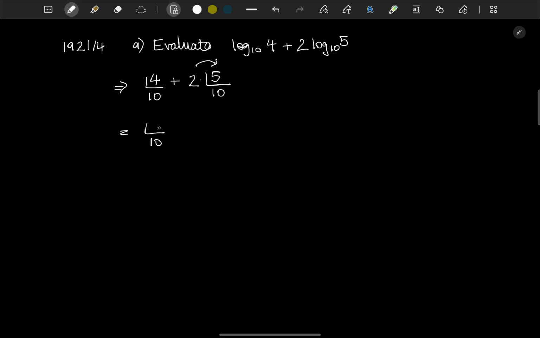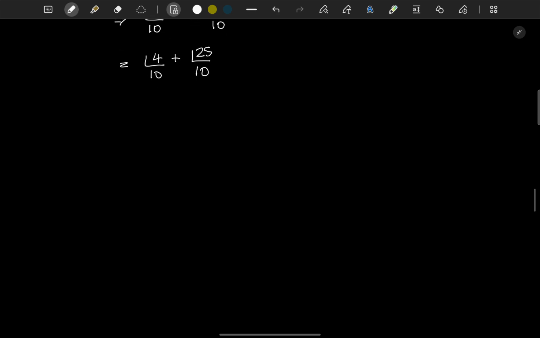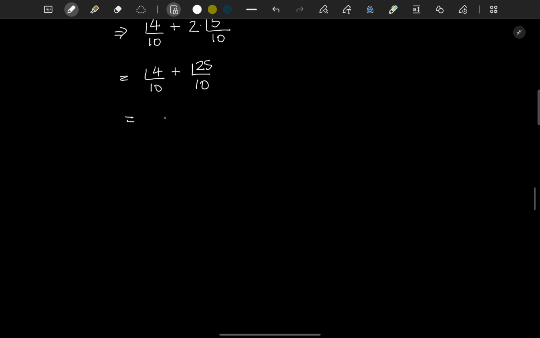So that's log 10 of 4 plus log 10 of 5 power 2, which is 25. Then we've got an add between the logs, so we can write that as log 10 of 4 times 25, which equals log 10 100.